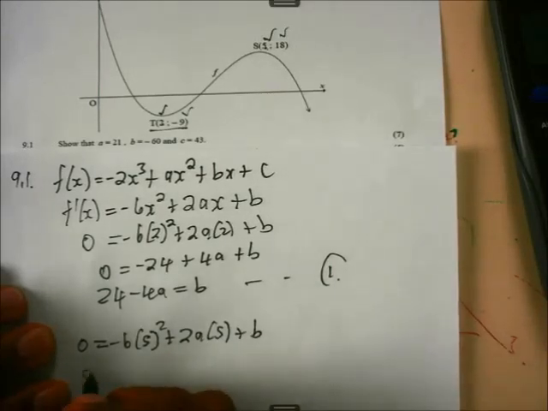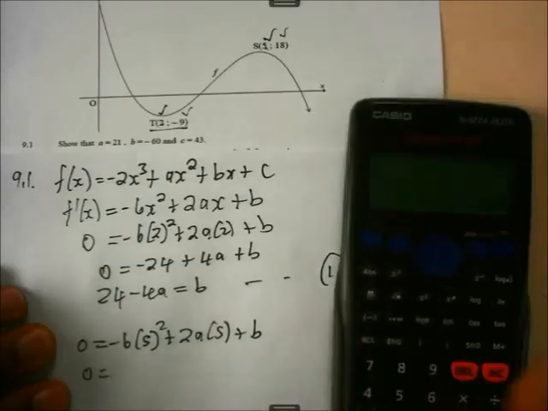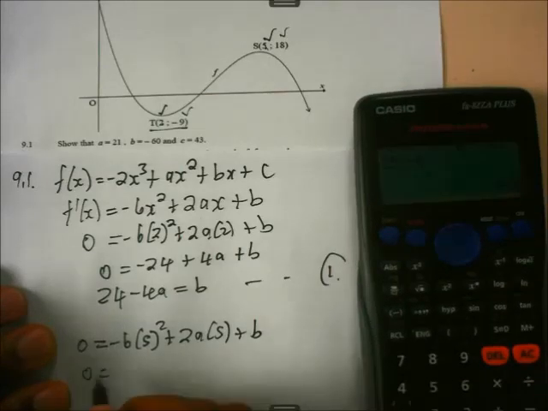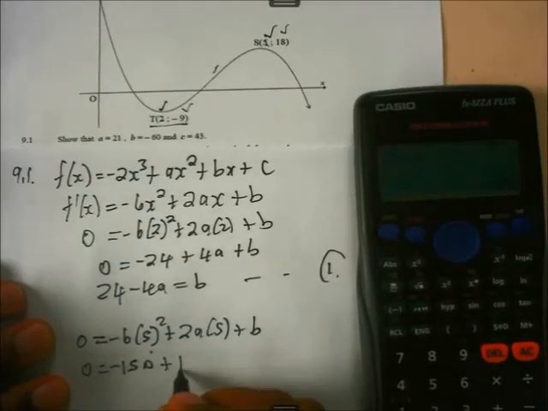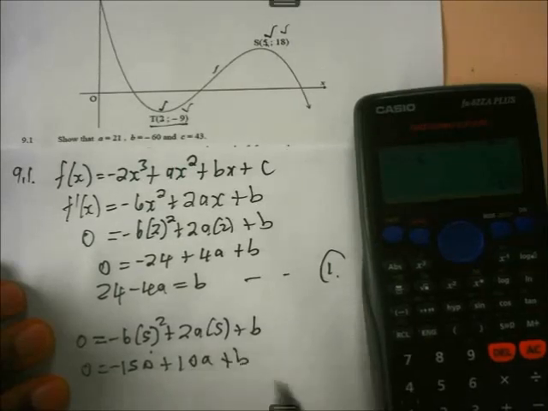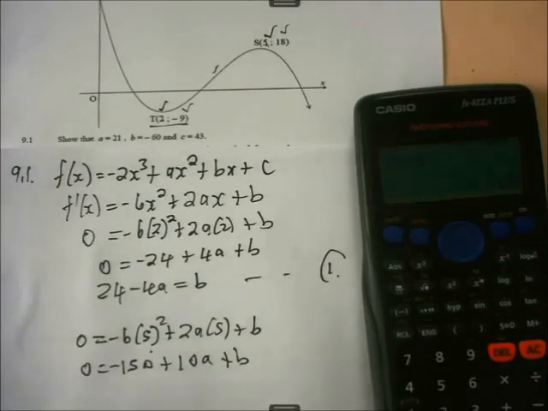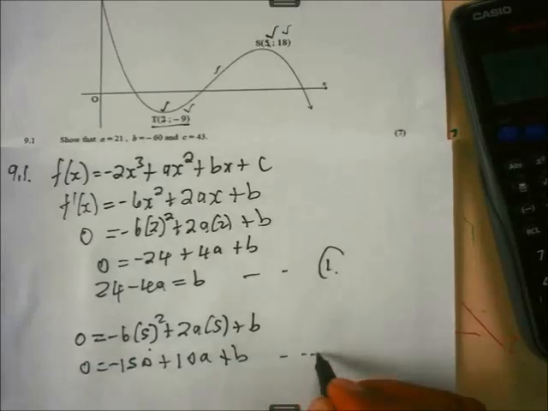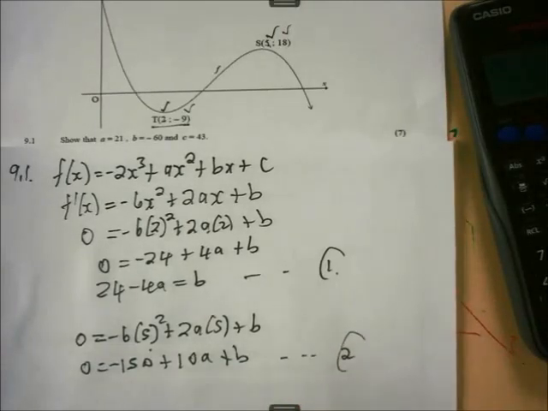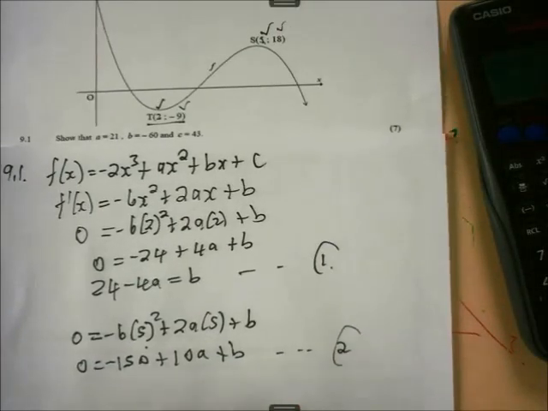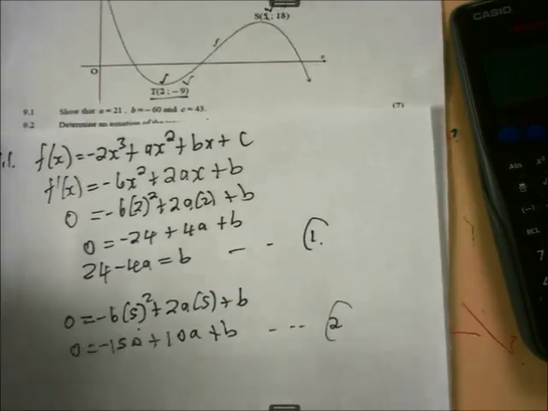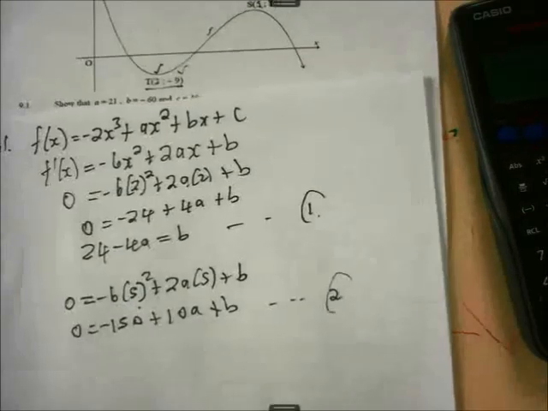We simplify: 25 multiplied by minus 6 gives minus 150, plus 10a plus b. I can name this one the second equation, or you can decide to take the 150 and 10a to the other side so that you have b as the subject of the formula. That will be your option.